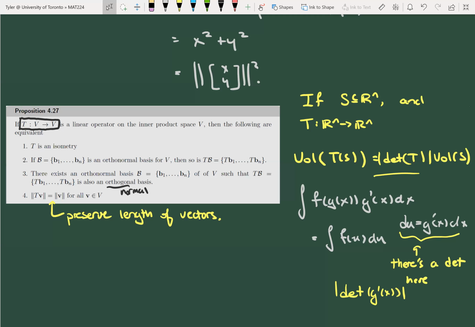Now, what I do want to say as a little note is that this is for operators, right? Remember, operators map V to themselves. However, this theorem does naturally extend to general isometries as long as both spaces have exactly the same dimension.